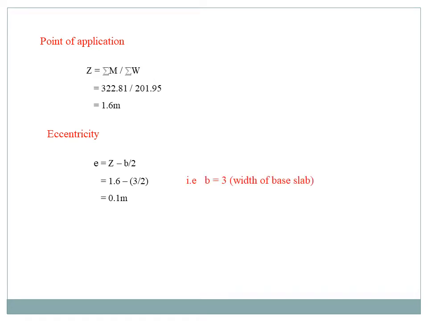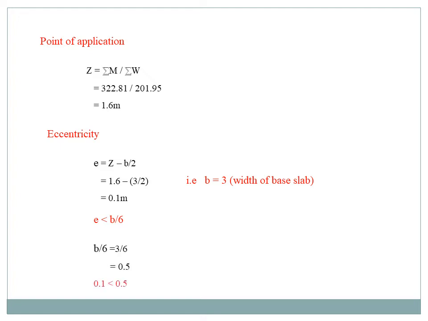Listen carefully: for this step only you take B is equal to 3 meter. In all remaining steps you can take B is equal to 1 meter. For the eccentricity step only, B is equal to 3 meter, because this 3 meter is the width of the base slab. So Z is 1.6, B is 3 divided by 2, E is equal to 0.1 meter.